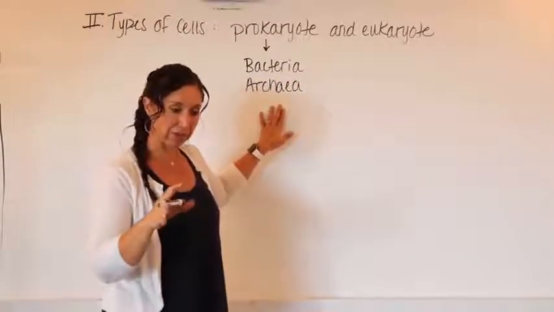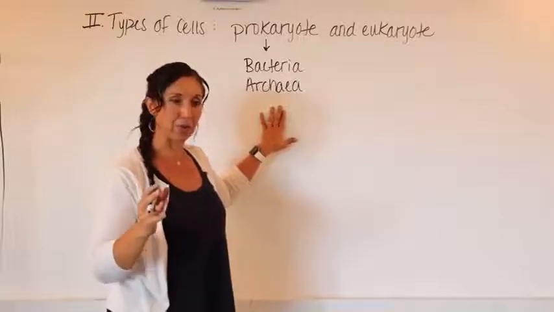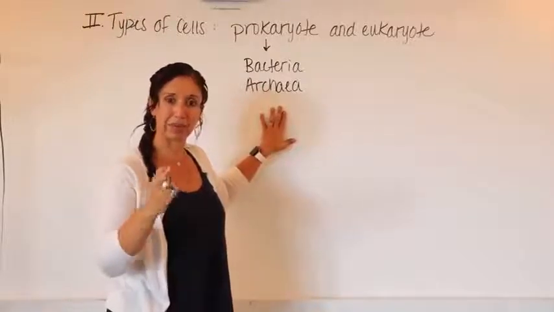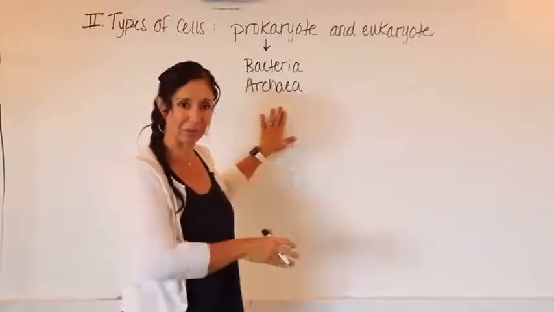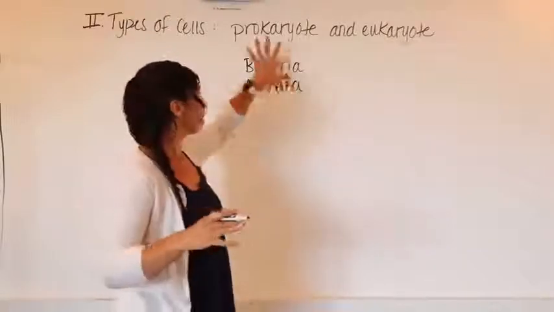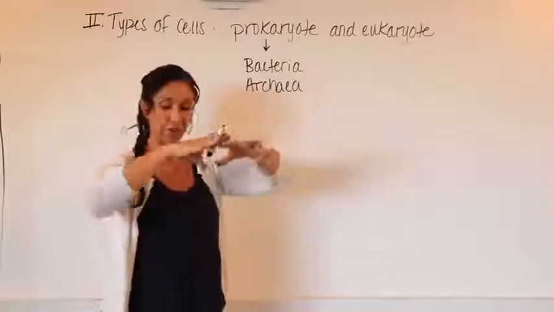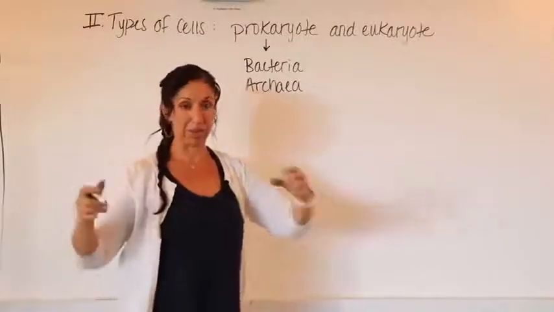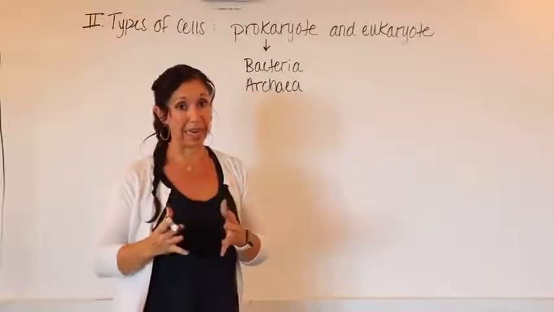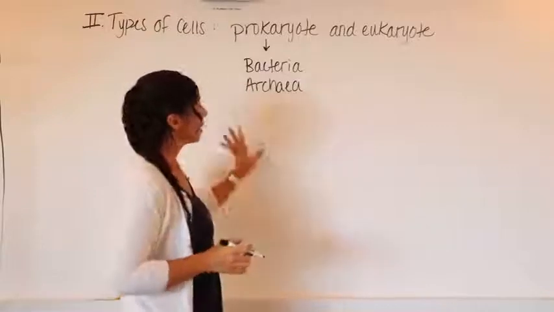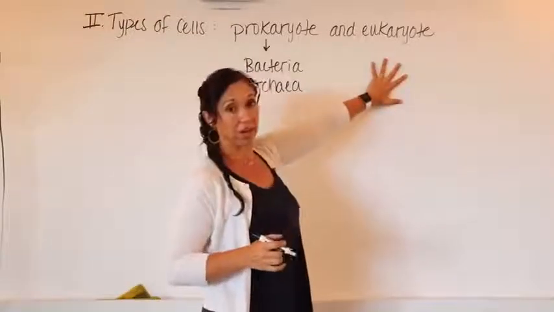Do you remember, if you ever studied taxonomy, it's kingdom, phylum, class, order, family, genus, species. Kingdom is bacteria and archaea kingdoms. And if you're looking at the domains between the two, you have the archaea and the bacteria domain as well. Everything else lives in the eukaryotic world.